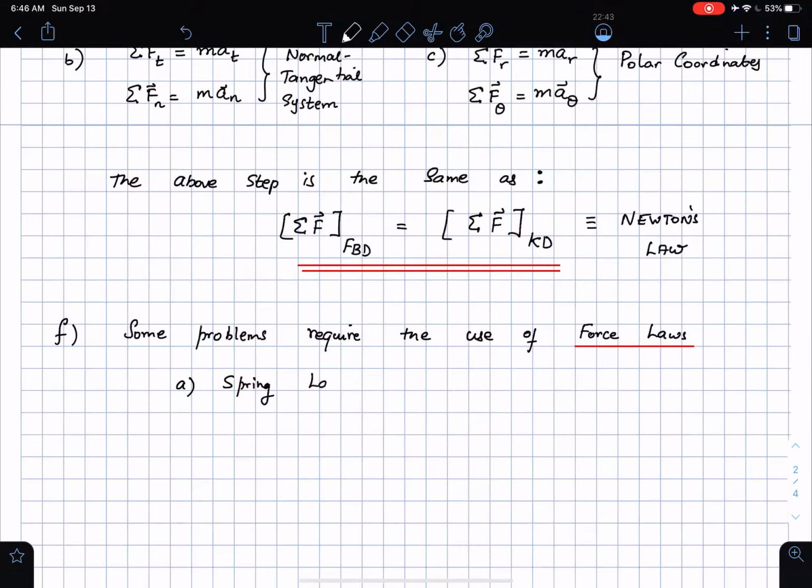The spring law, where the force on a spring is proportional to the displacement of the spring.